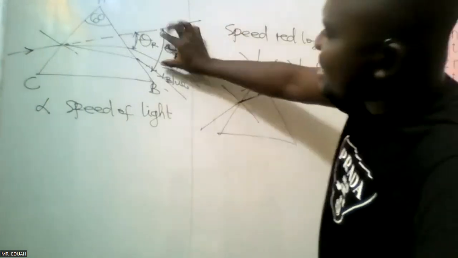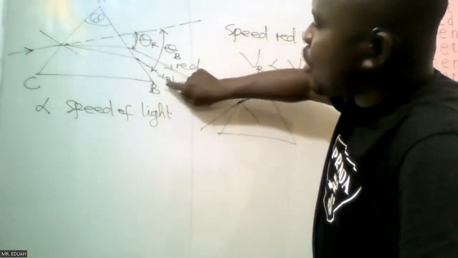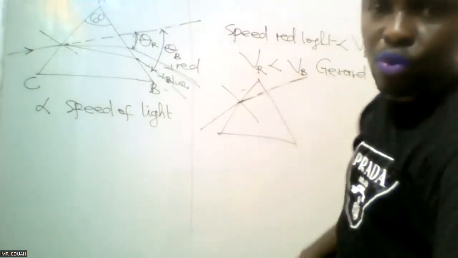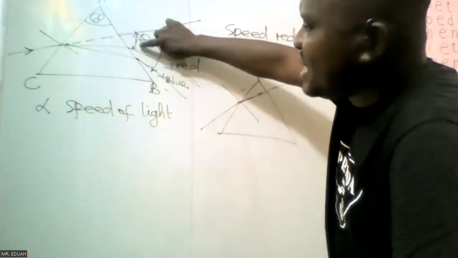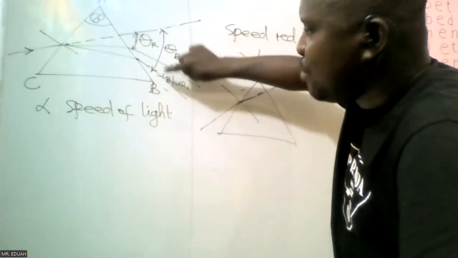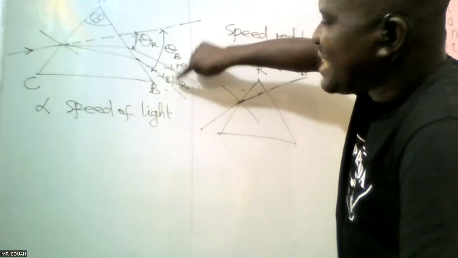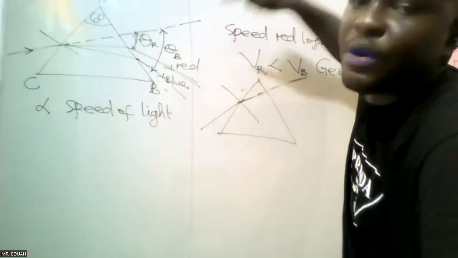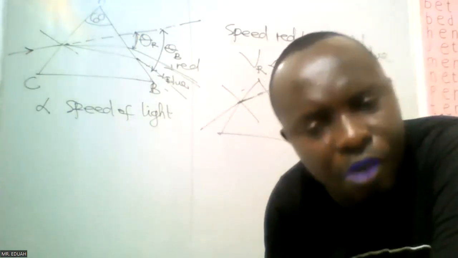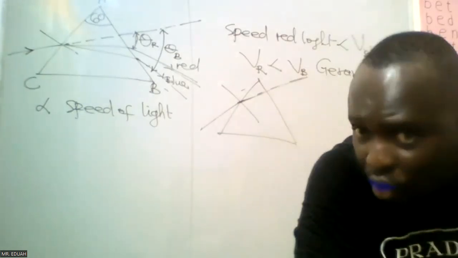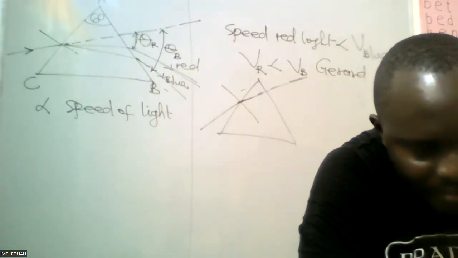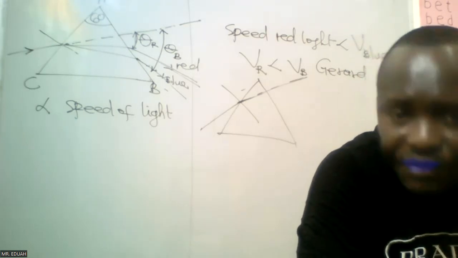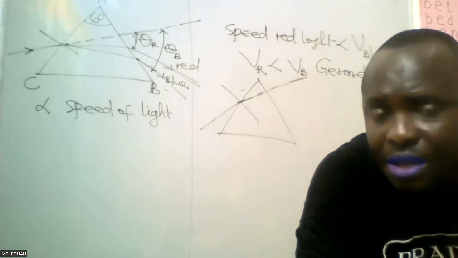But here, this is deviated, but when you compare it to blue, this is less deviated than the blue, meaning there will be a change in the speed of red and the blue, but the change in the speed of the blue will be greater than the change in the speed of the red light because of the extent of deviation. Gerard, are you okay? Yes, sir. It's because blue light is more deviated than the red light.